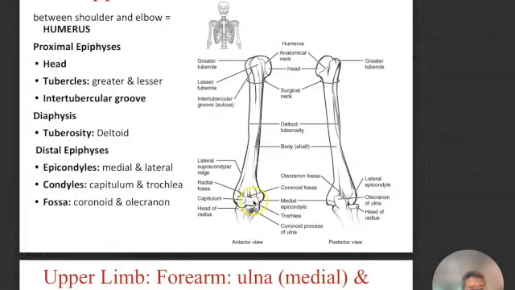The trochlea and the capitulum. This is the anterior portion of the distal part of the humerus. So that would be the proximal part, and this is the distal part.